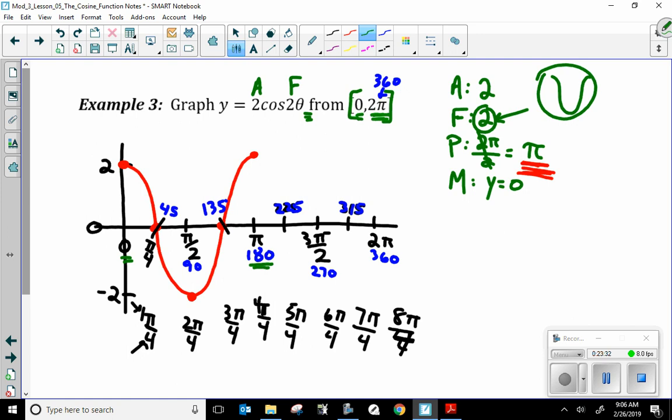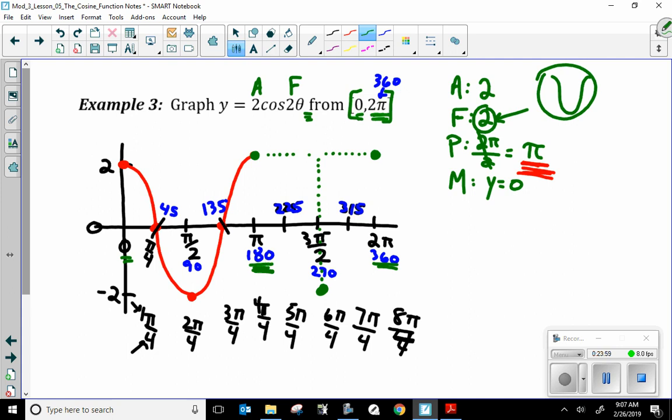My next curve, I need to go from 180 degrees and go out another 180 degrees to 360, because that's the length of one curve. So I pick up right where I left off, and my cosine starts up high and ends 180 degrees away up high. In between these 2 points, that's where I'm down low.